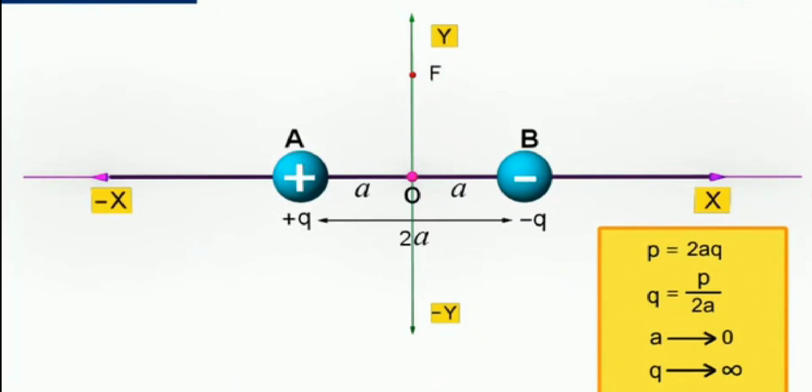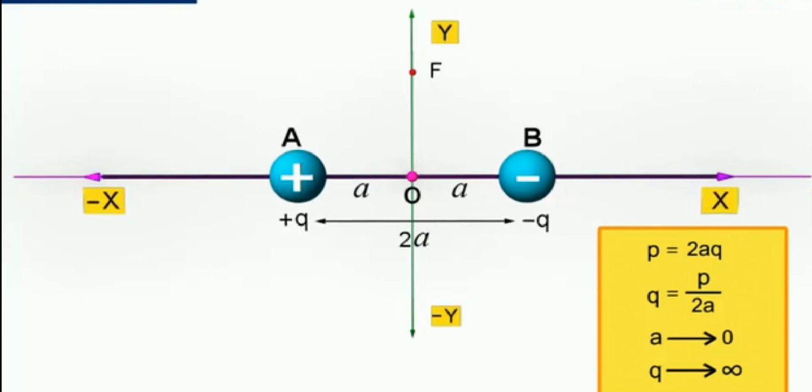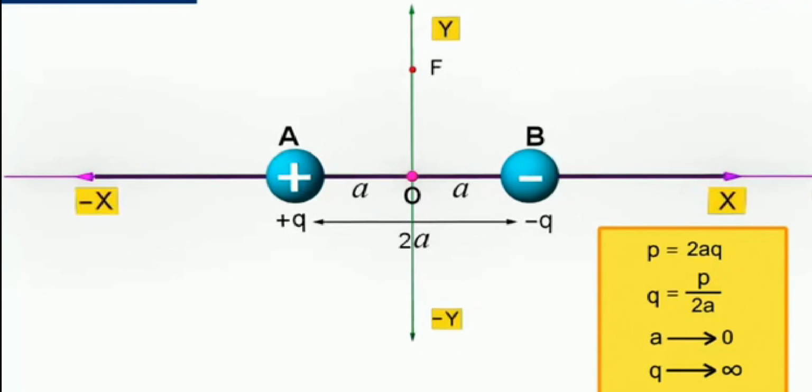From the expression of the dipole moment, we get charge q is equal to p by 2a. Hence, as the length of the dipole 2a tends to 0, the magnitude of the charge q tends to infinity, so that the dipole moment p is equal to 2aq.